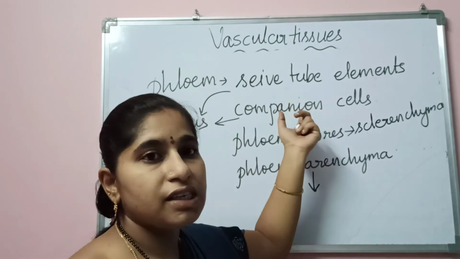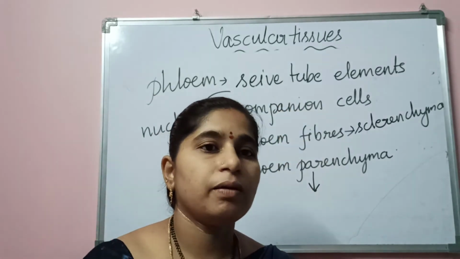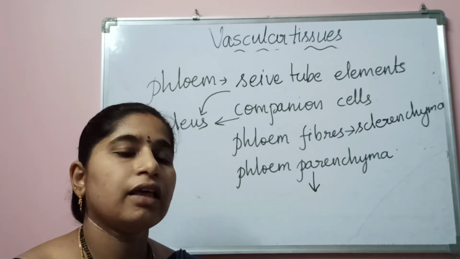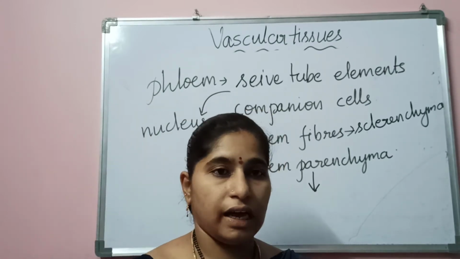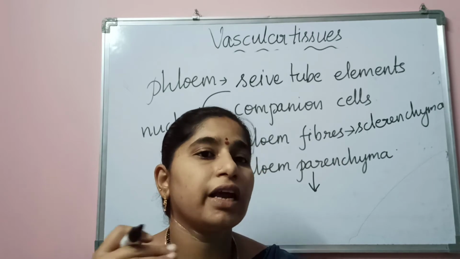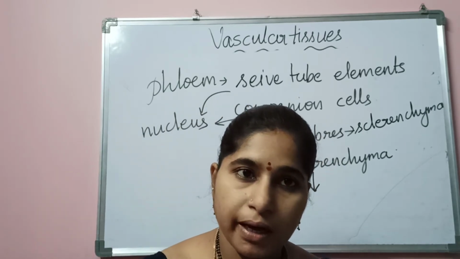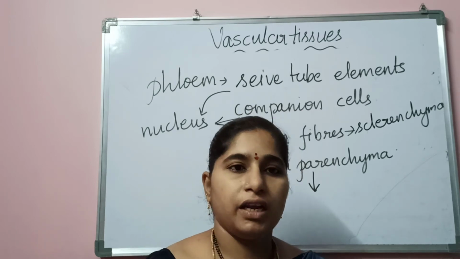The sieve tube elements and the companion cells run parallel to each other, and the sieve tube elements are lacking the nucleus. These nucleus-lacking sieve tube elements work together with the companion cells. So the transportation is done by the nucleus of the companion cells.